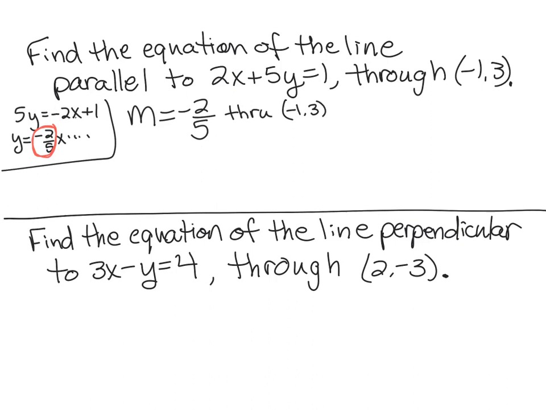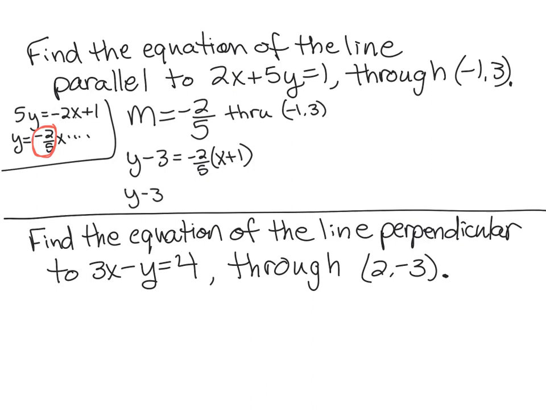Now, I showed you two different ways to do these. You can use the point-slope form, or you can use the slope-intercept form to get your intercept. I'm going to do the point-slope form so that my colleagues won't get upset at me. Good? All right, so y minus the y value of the point equals the slope times x minus the x value, which is minus 1.